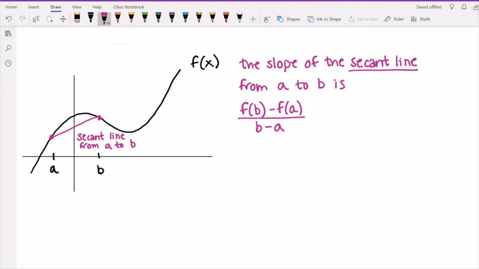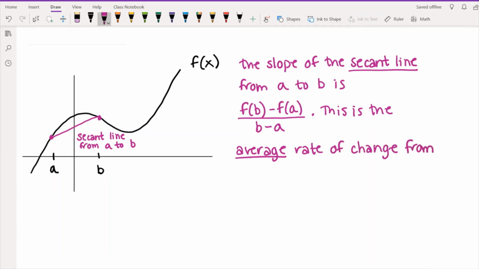So the important thing about this, though, is to understand what this tells you about your function. It tells you the average rate of change from x equals a to x equals b. So, average rate of change tells you some things, right?